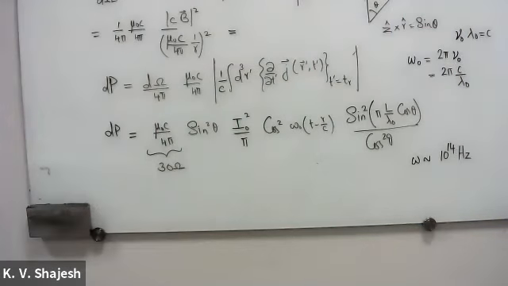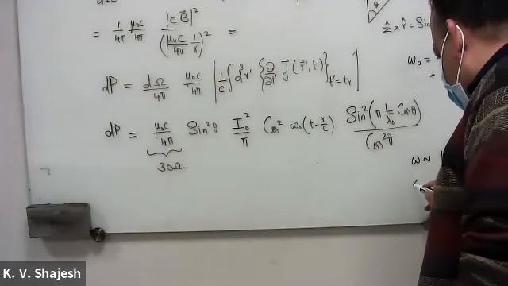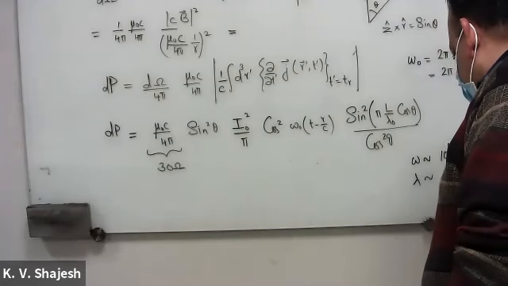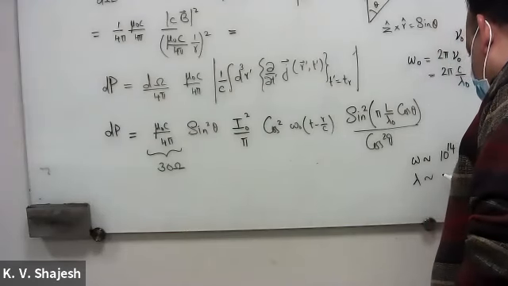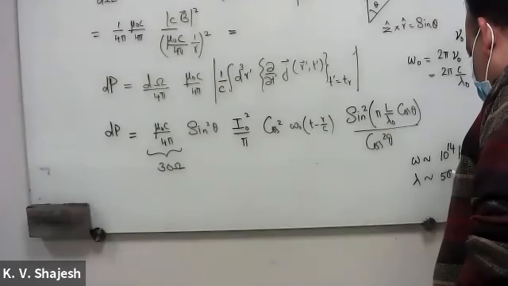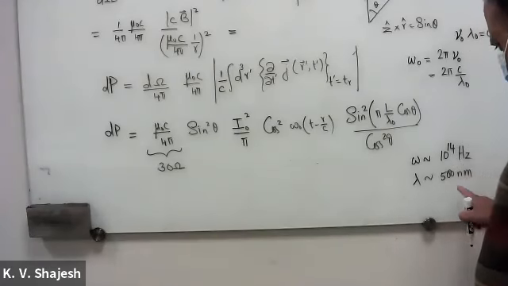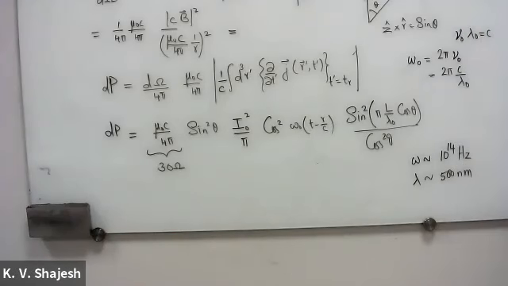Very fast, and the wavelength associated is about 500 or 600 nanometers. 1,000 nanometers is about a micrometer, so it's about half a micrometer, and the frequency associated with it is 10 raised to 14. So let's average that out. We don't lose much information at all.